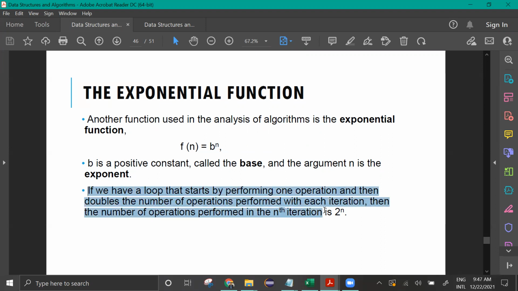So one example: if we have a loop that starts by performing one operation and then doubles the number of operations performed with each iteration, then the number of operations performed in the nth iteration is 2 to the power n.